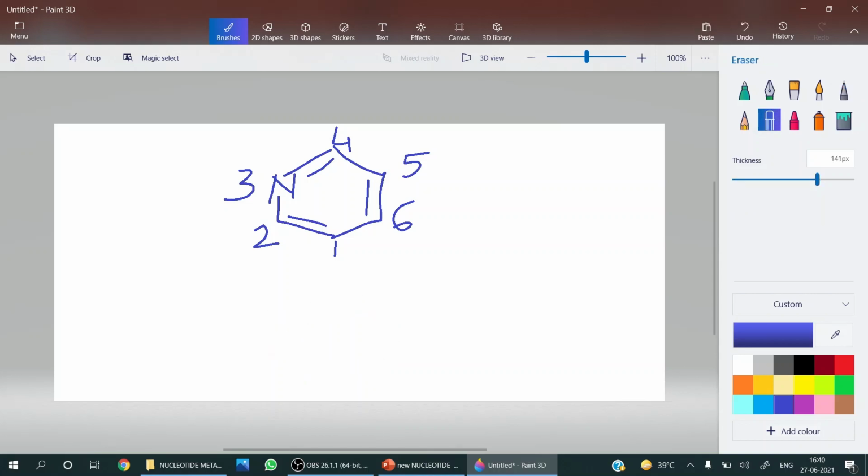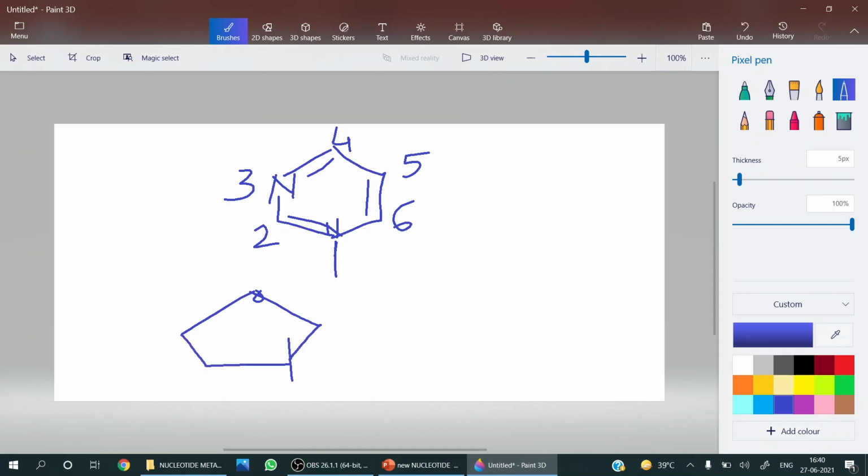In this case, N1 of pyrimidine attaches with the 1' position of sugar, like this.